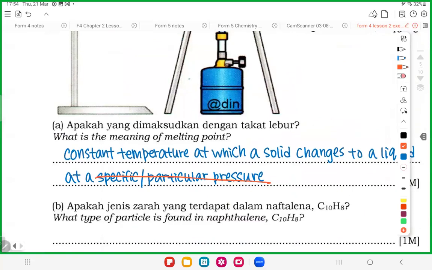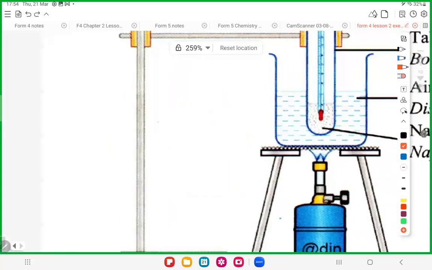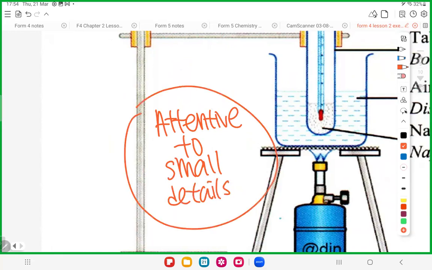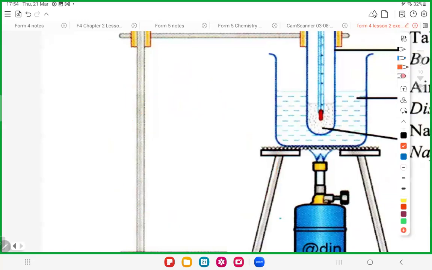Forgot to write pressure, no mark. Forgot to write constant, no mark. So you must be very attentive to small details. All right, next one.